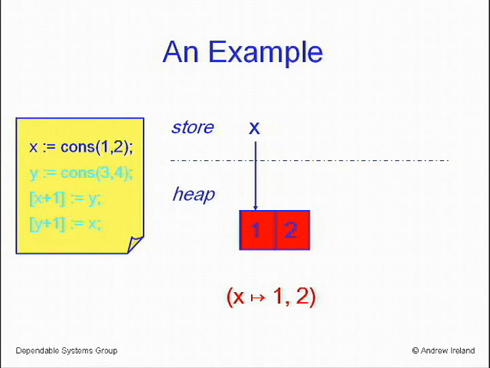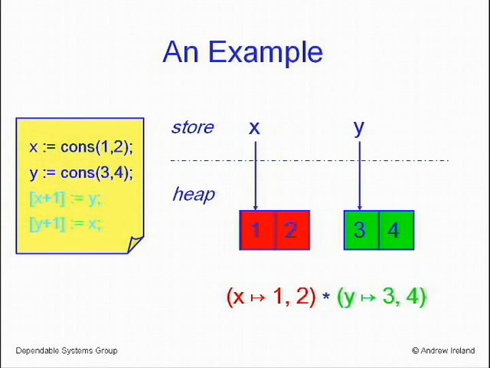We're allocating two adjacent cells of the heap and initializing them to 1 and 2. That's represented here in the picture. X points to the first element, and it has this adjoining cell next to it. This is represented in separation logic by the maps-to operator: X maps to the pair of adjacent heap cells containing 1 and 2.